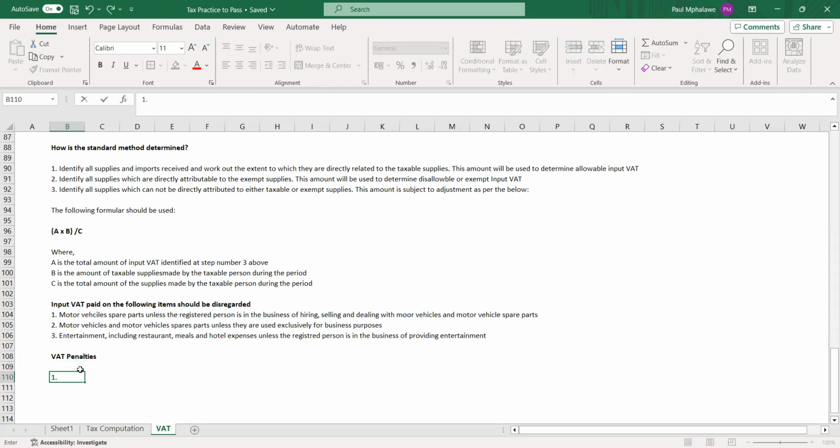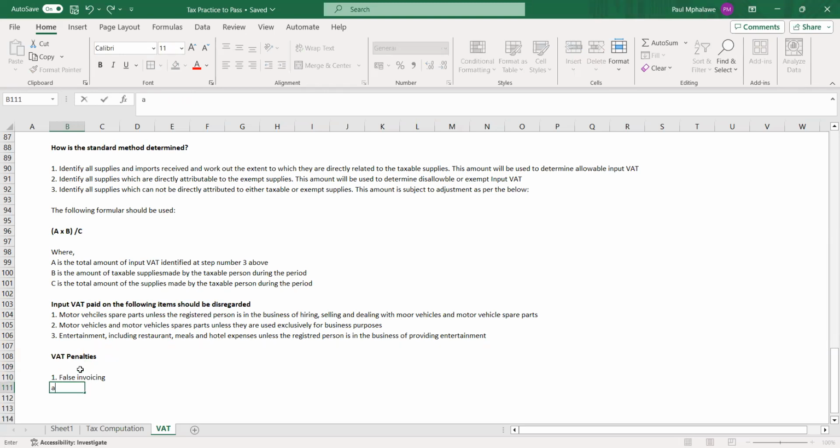Number one, false invoicing, where any person who issues an invoice which falsely purports to be a VAT invoice is required to pay the amount of VAT shown on the invoice to the Commissioner General within 7 days of issuing that invoice.